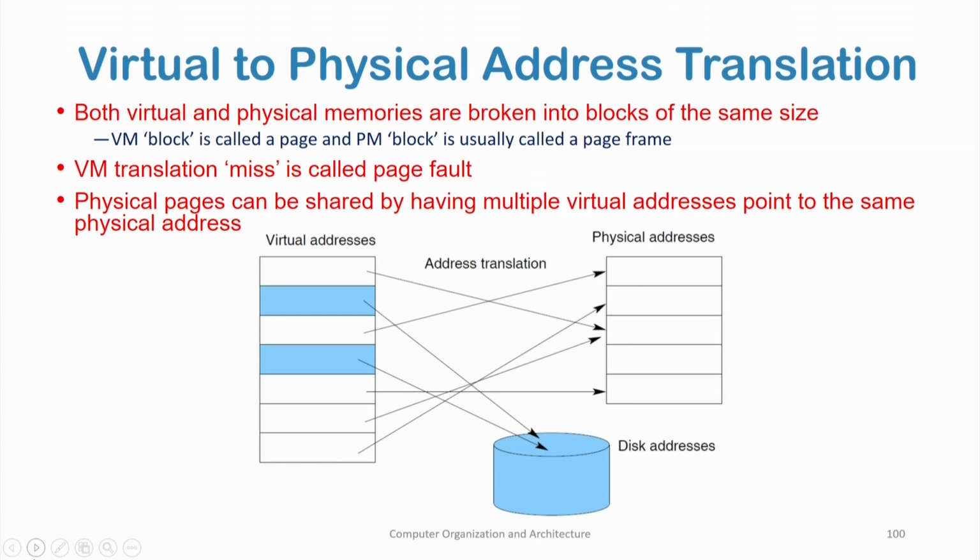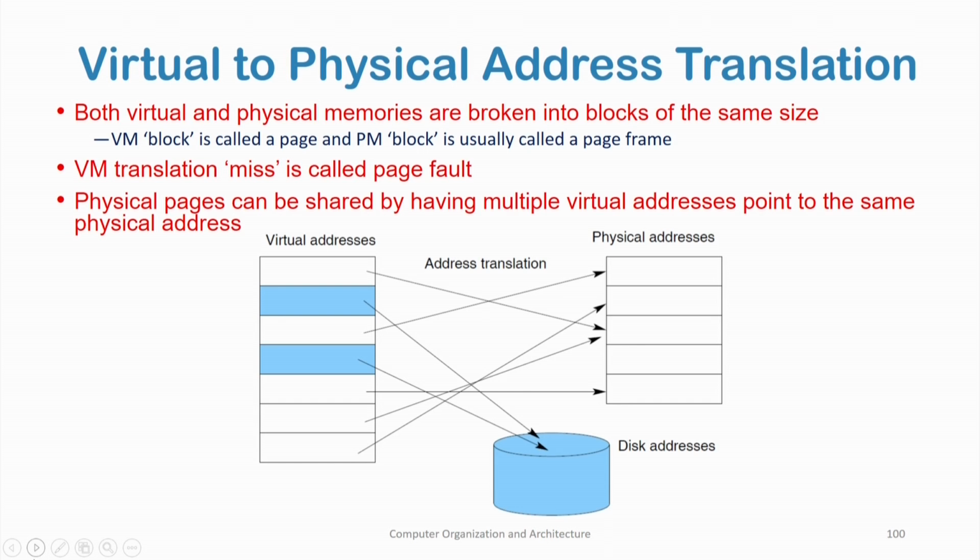Now, the virtual memory translation miss is called a page fault. That means, during translation my CPU asks for data corresponding to a virtual address. How do I get that data? I do the mapping so that I find the physical memory location in which the data for this virtual address resides.